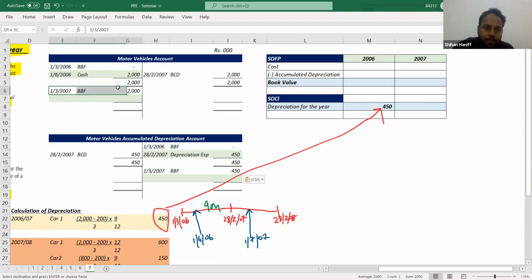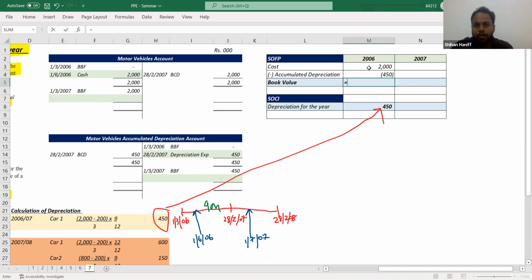That's the closing balance. Cost is 2000. Accumulated depreciation is 450. Book value is 1550.